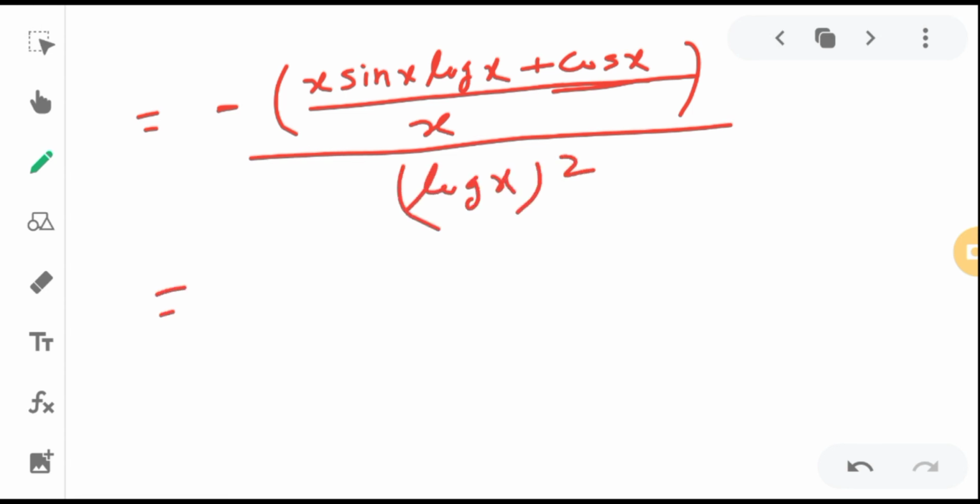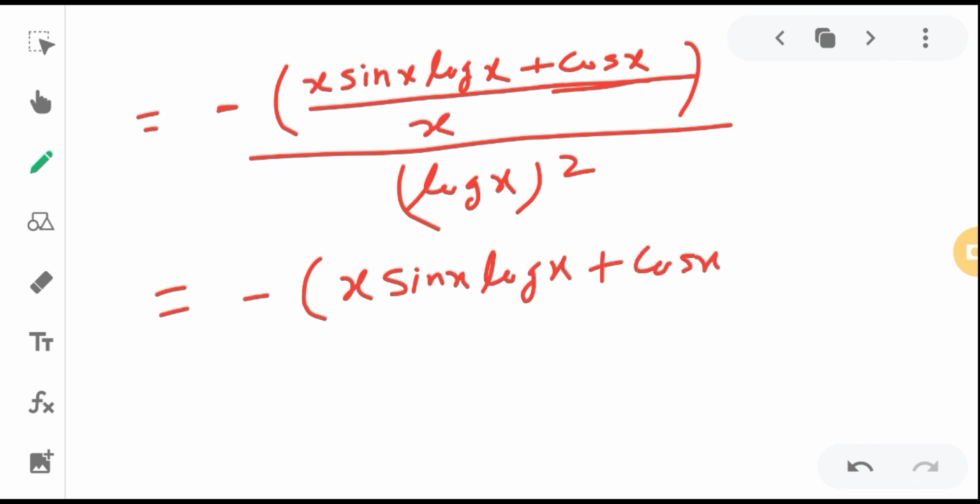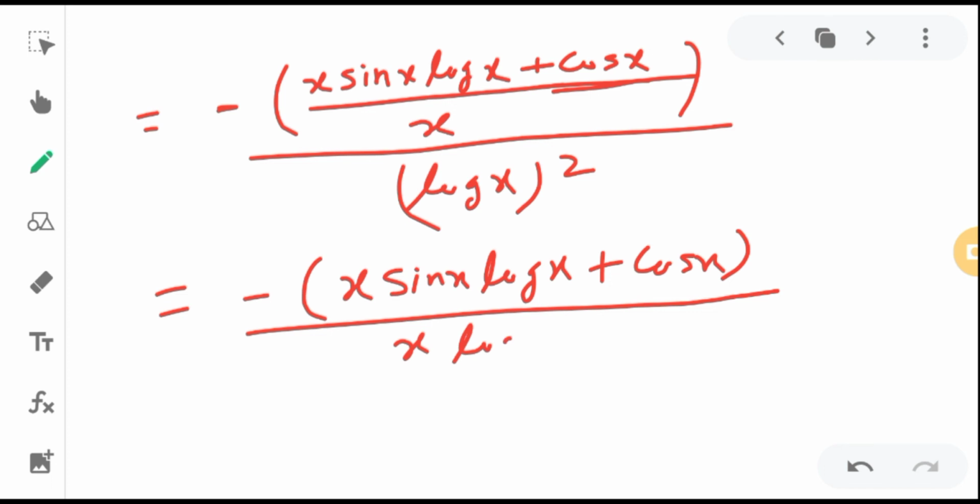So after simplification of this I can write x sin x log x plus cos x, and divided by x will come down, so x will be multiplied with this x into log x whole square. This will be our final answer.